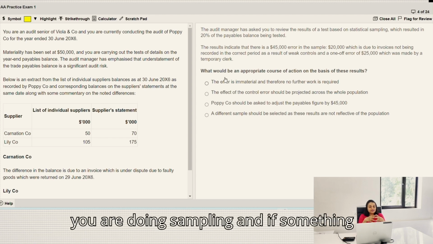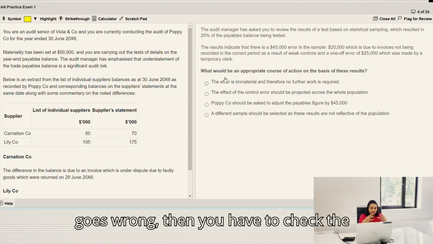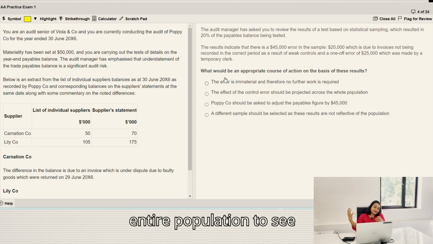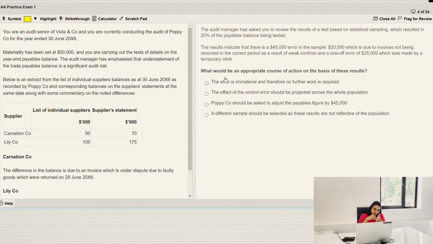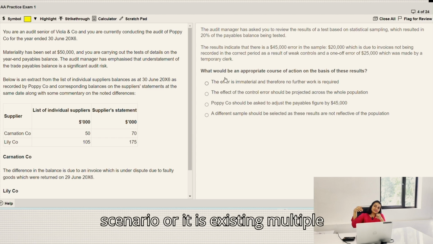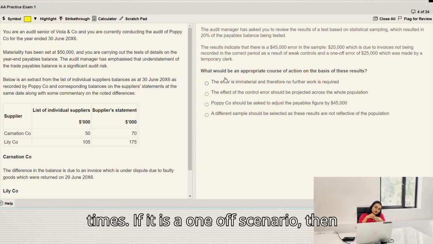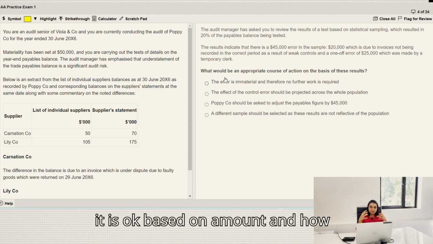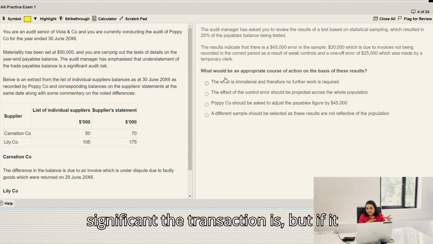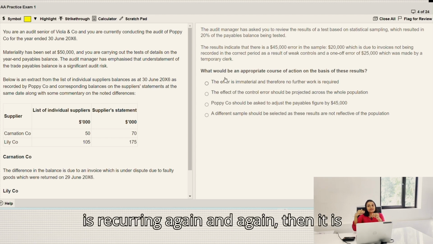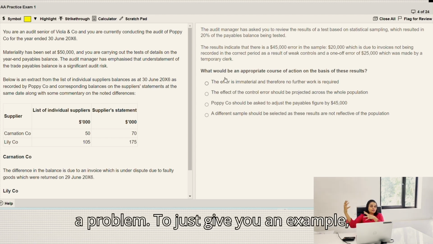Now whenever you are doing sampling and if something goes wrong, then you have to check the entire population to see if the error is only one scenario or it is existing multiple times. If it's a one-off scenario, then it's okay based on amount and how significant the transaction is. But if it is recurring again and again, then it's a problem.